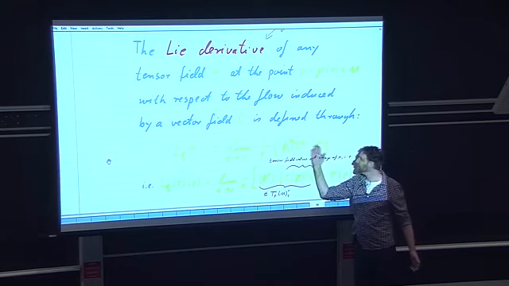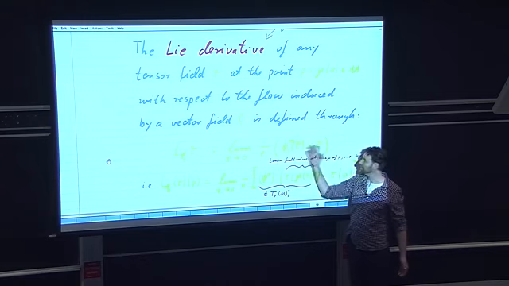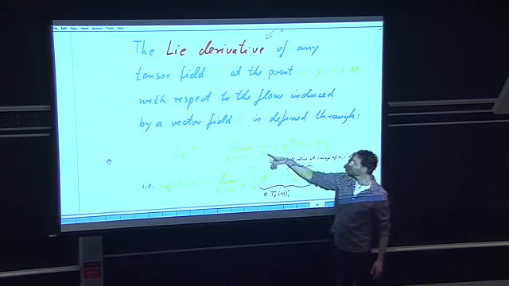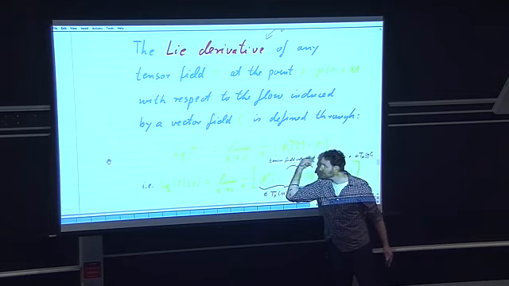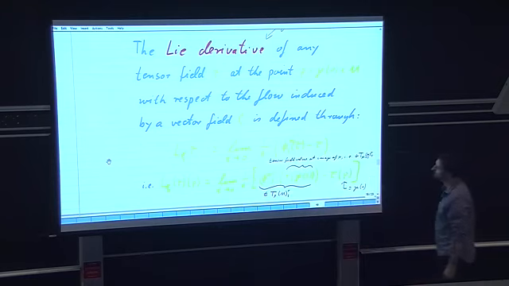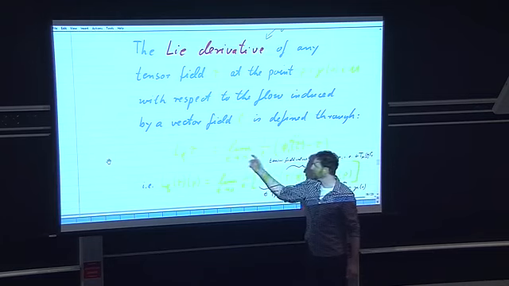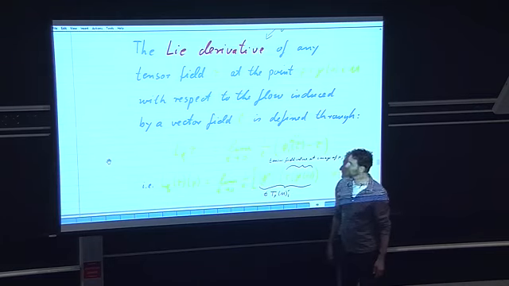So they both live in the same tensor space, namely the tensor space attached to the point P. Take the difference of them, divide by the amount of time t that you let things flow along the integral curve, and then take the limit for t going to 0, and that's the Lie derivative.